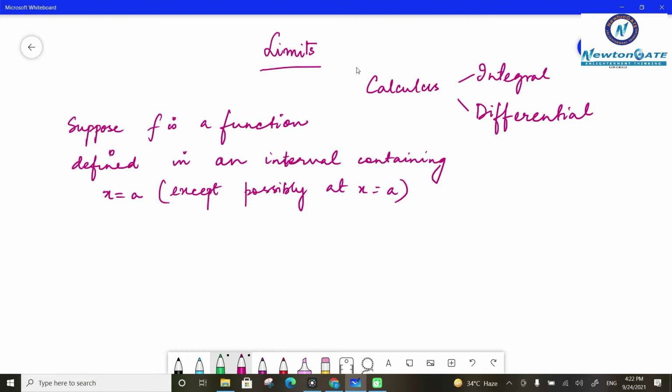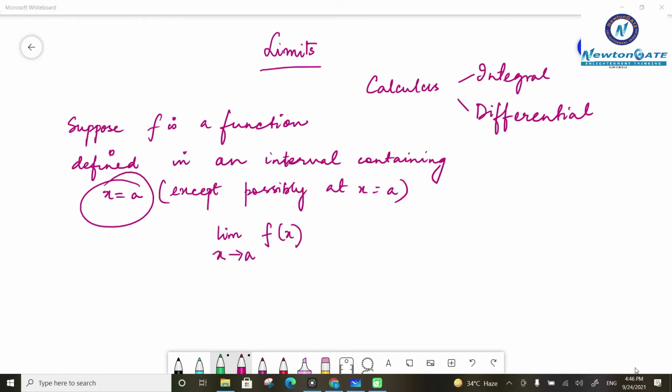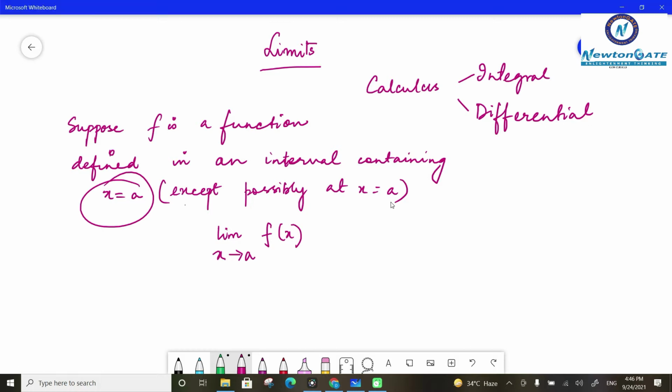So suppose f is a function defined in a particular interval that contains the point x equal to a. We write the limit of that function as limit x tends to a of f(x). This is the notation.